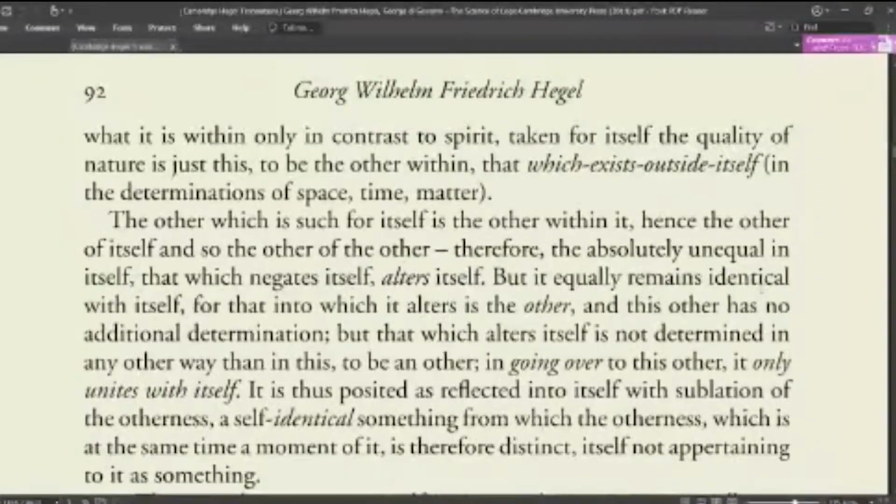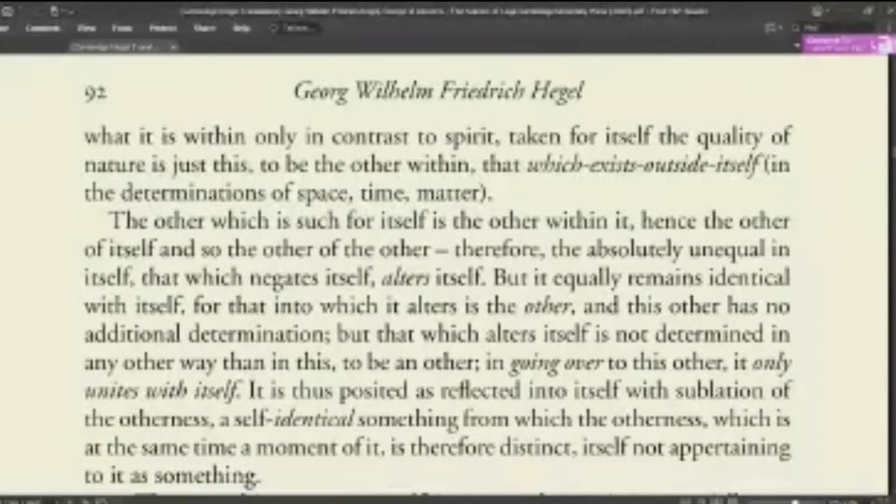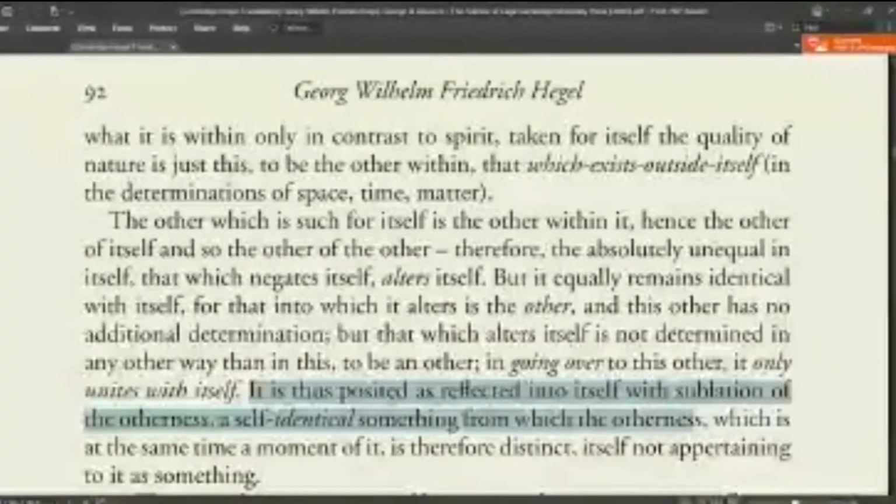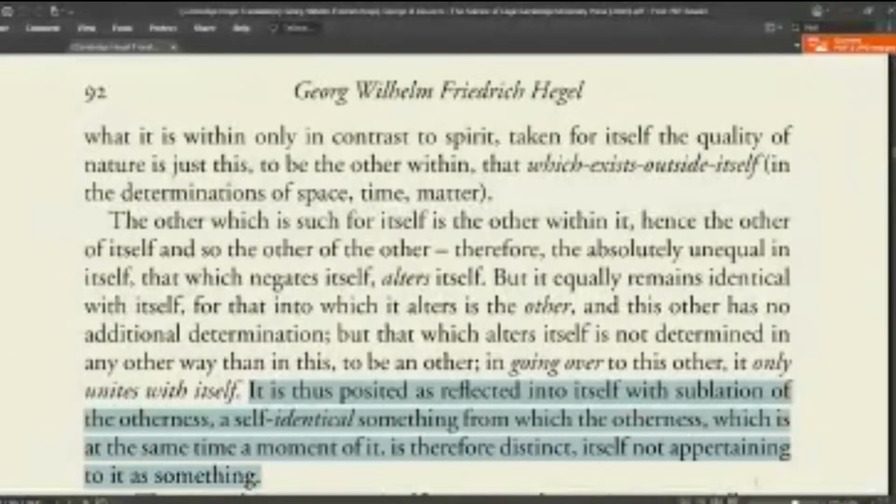But it equally remains identical with itself, so that into which it alters is the other, and this other has no additional determination, but that which alters itself is not determined in any other way than in this, to be an other. In going over to this other, it only unites with itself. It is thus posited as reflected into itself, a sublation of the otherness, a self-identical something, from which the otherness, which is at the same time a moment of it, is therefore distinct, itself not appertaining to it as something.